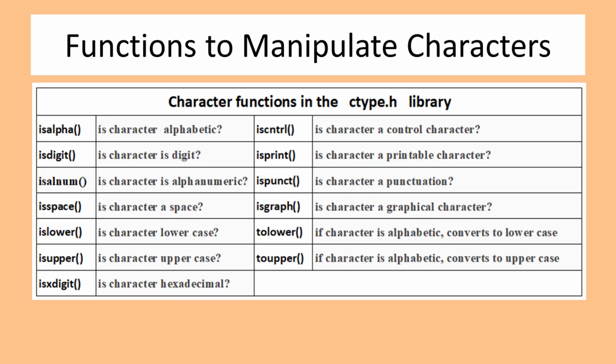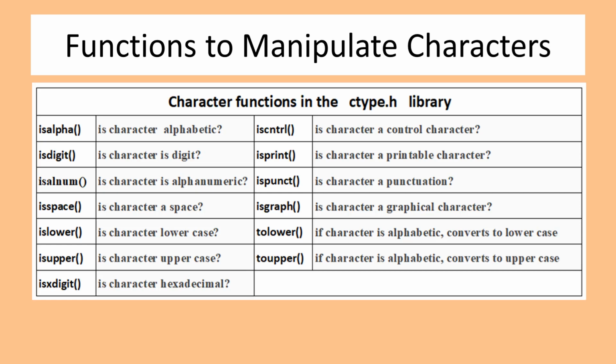Here are some functions to manipulate characters. These are probably the most popular ones. isalpha, isdigit, isalnum, isspace, islower, isupper, isxdigit, iscntrl, isprint, ispunct, is for punctuation, that's for like period, comma, etc. isgraph, well, that's the extended ASCII.